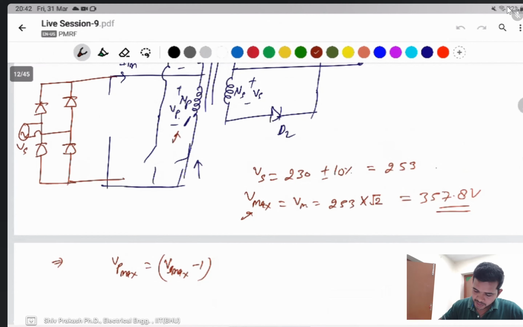The VP maximum is the input voltage maximum. This one is the V in. You can take this one as the maximum.